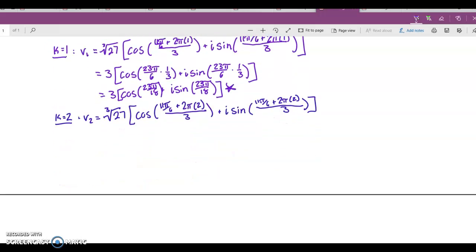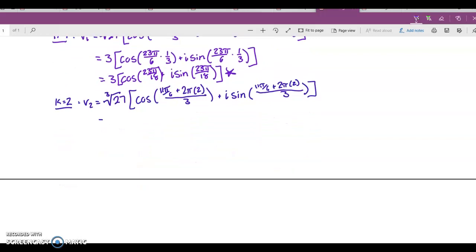I'm getting tired from writing this. It's a lot of work. This is equal to 3 times the cosine of, same thing, we have 4 pi here. If we convert 4 pi so that it's over 6, that would be 24 pi over 6. 24 pi over 6 plus 11 pi over 6 is going to be 35 pi over 6 times 1/3. If you want to skip this step of the times 1/3, if you're comfortable enough with that, totally fine, as long as you get to the right answer.